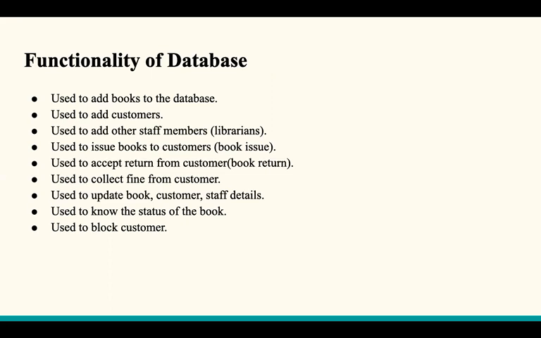It is used to collect the fines from the customers based on the information given. We can also update the book, customer, and staff details with minimum effort. Recognizing the status of a book is feasible because we already have the information. In case of any balances and fine payments, the customers can be blocked easily.